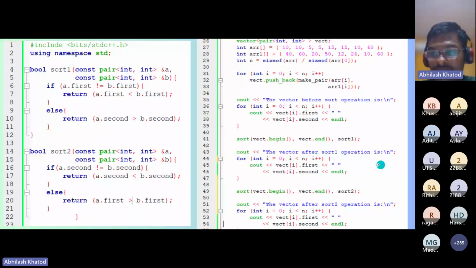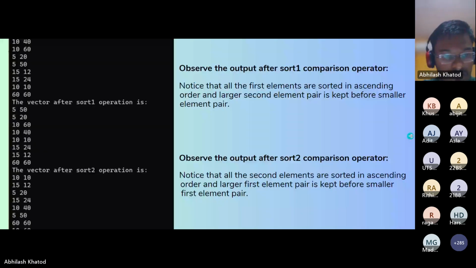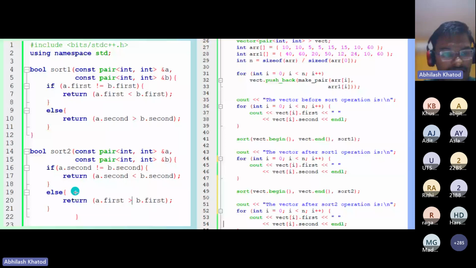Now I'll try to explain this with an example. We'll first complete the code. Else return that the first element of the first pair is greater than the first element of the second pair.